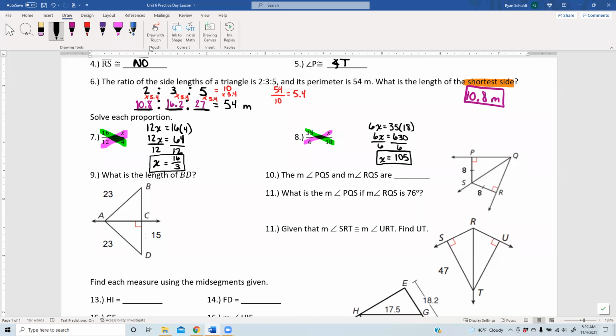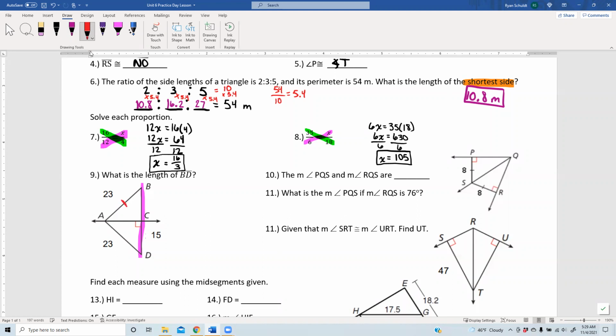Number 9. What's the length of BD? That's all it asks us. Length of BD. Well, here's BD right here. I notice that AB is congruent to AD.